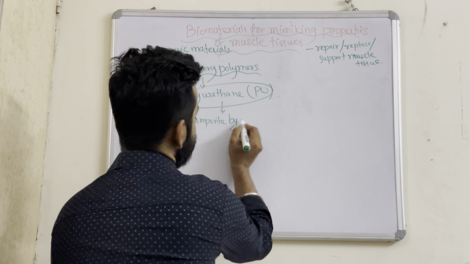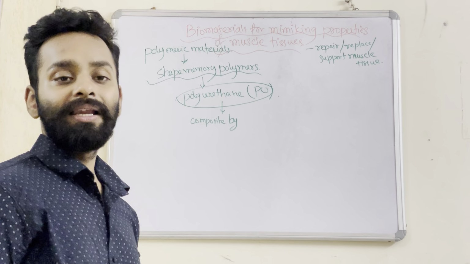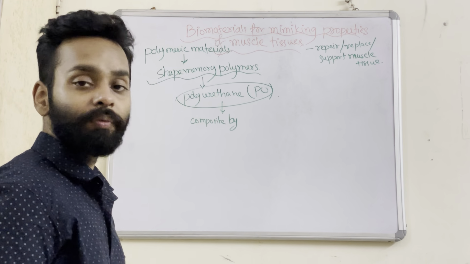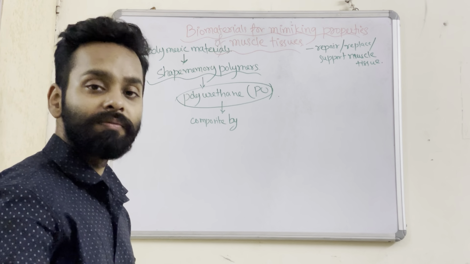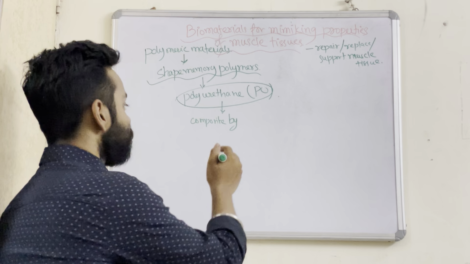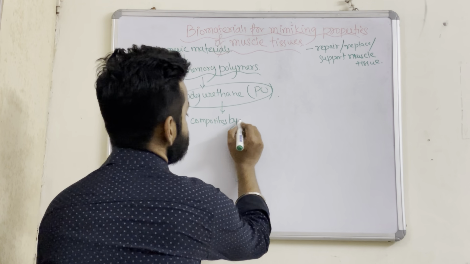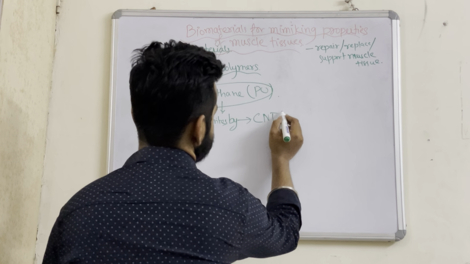So we need to make a composite by adding certain materials which can show the property of electrical conductivity, changing the electrical response in the presence of an electrical field. These composites can be made using materials such as carbon nanotubes.